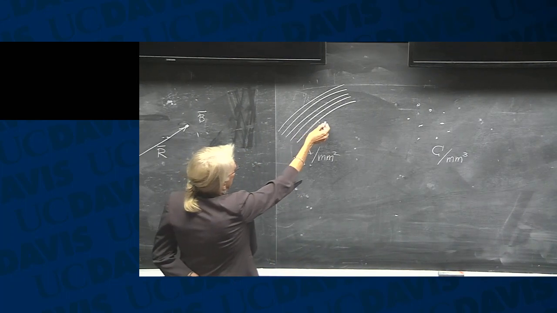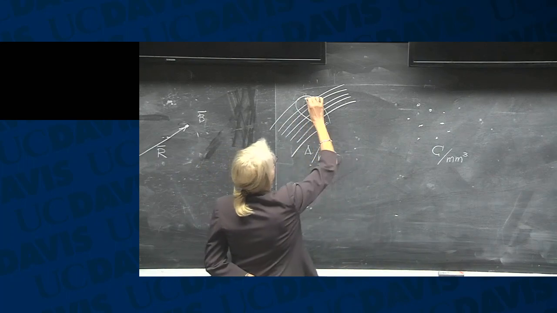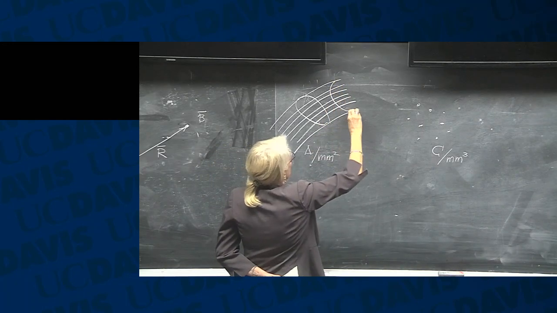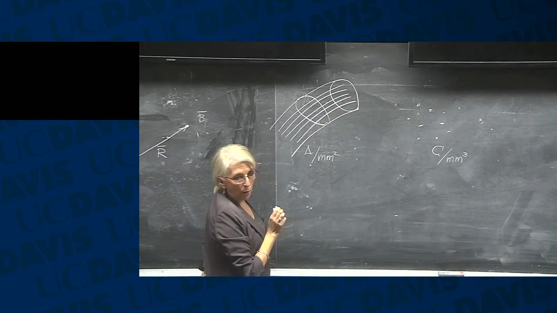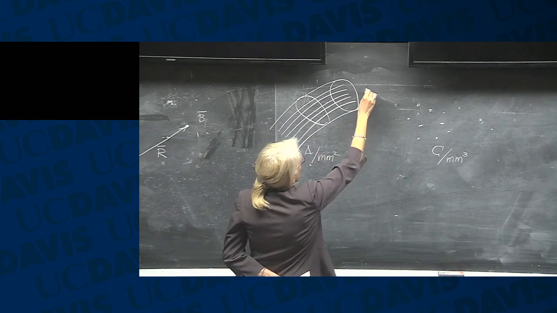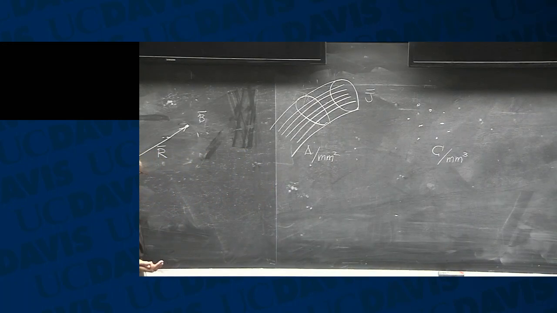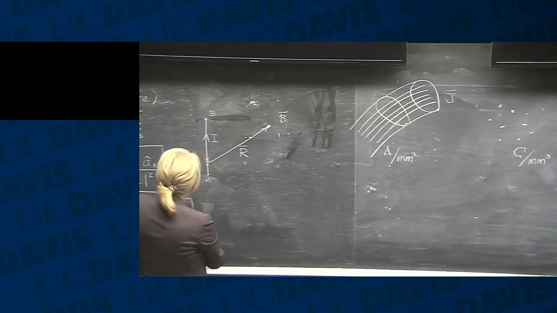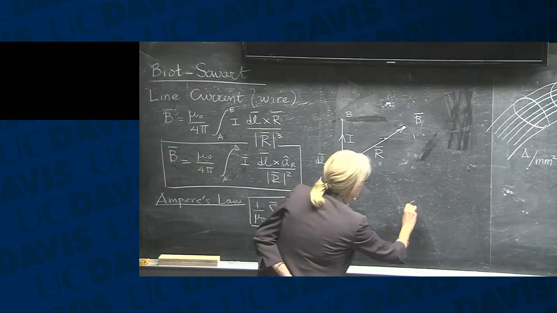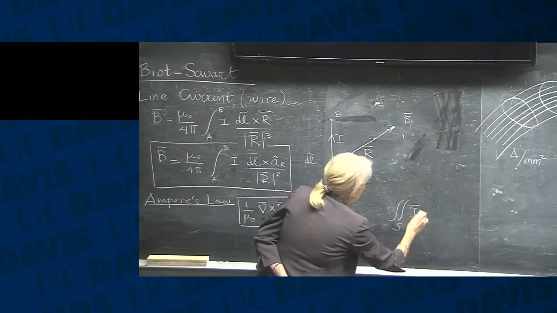So if we have a current like this, and it all flows through this wire, all right? Then the total current that flows through this wire is how much? The integral of the current density, J, times the area. Okay, that's the total current. And therefore, I will go here and integrate both parts over the area of this wire.